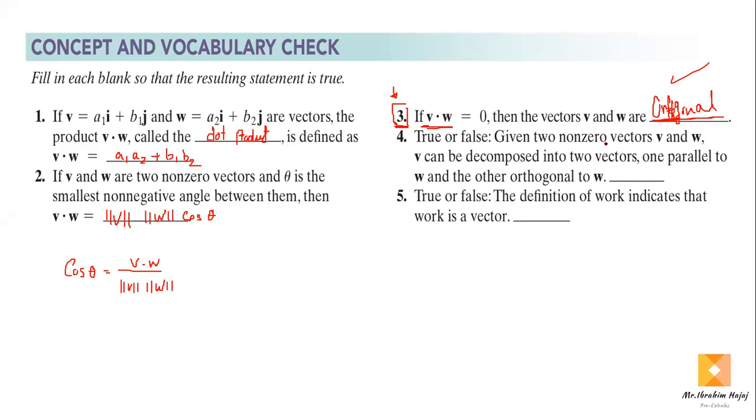True or false? Given two non-zero vectors V and W, V can be decomposed into two vectors, one parallel to W and one other vector orthogonal to W. True. Correct. Next, true or false?